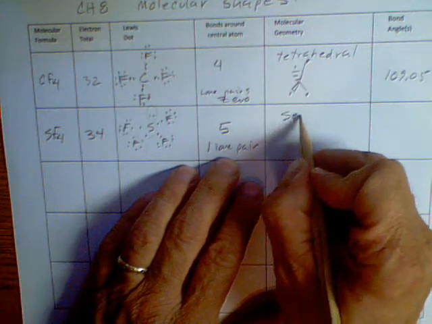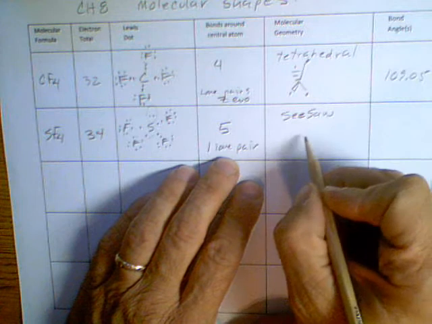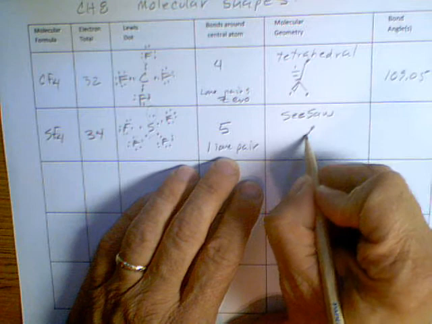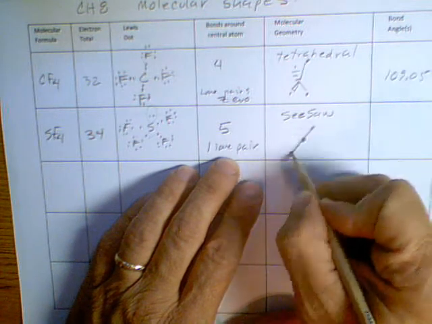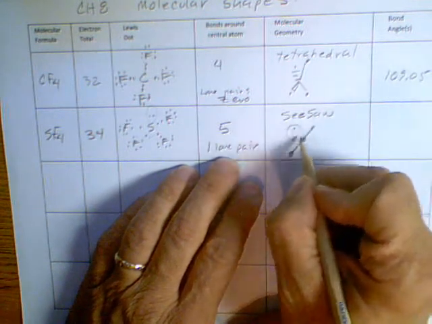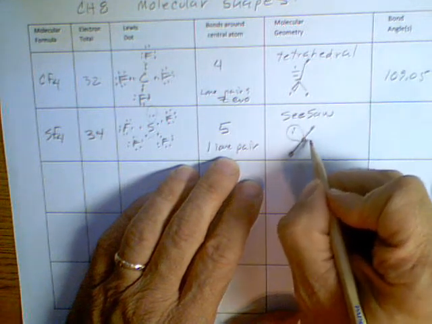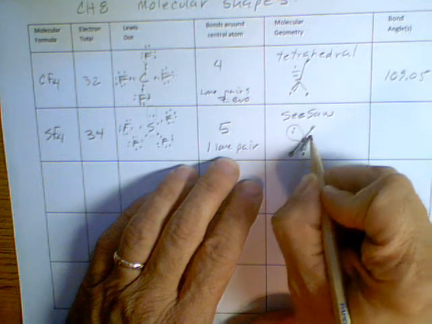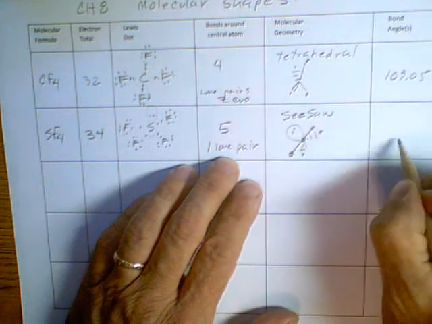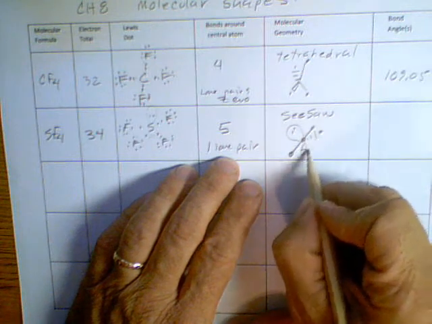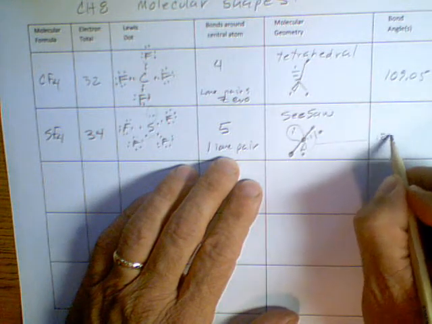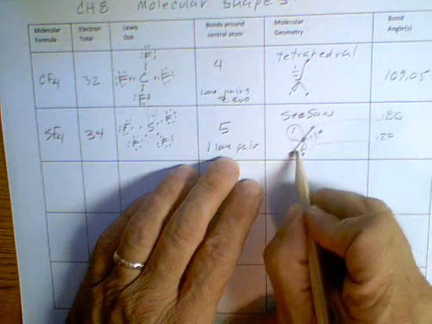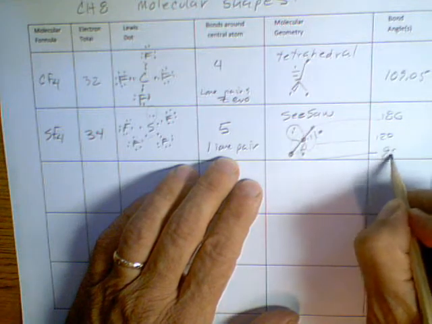But the shape is seesaw, and with a seesaw shape, you're going to have a central atom here, 1 sticking out at either end, a lone pair that's pushing these two groups, 1 sticking out and then 1 going back in. So it kind of looks like a seesaw. This bond angle here on the seesaw is going to be 120. Of course, this is 180, and we also have this bond angle, which is 90 degrees.